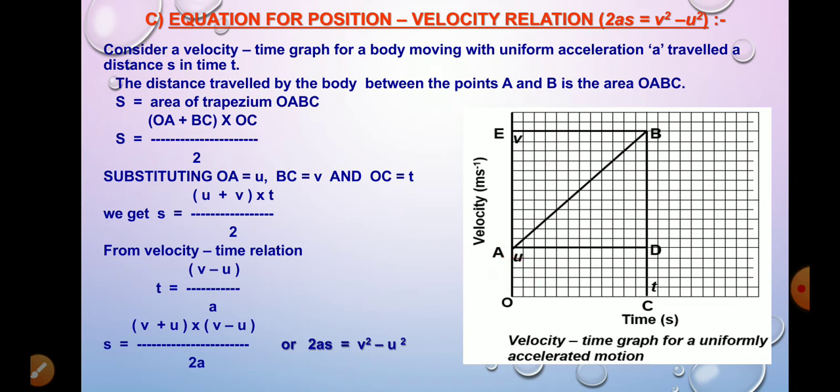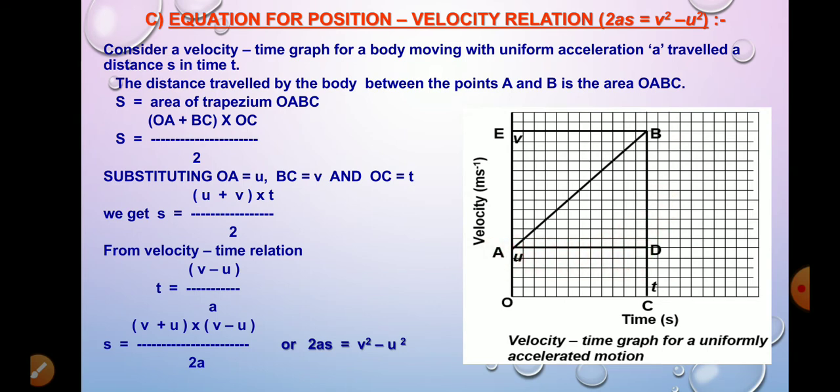Also you can derive S is equal to UT plus half AT square this way. Now here I am taking the area of a trapezium. There is another method also which you can do, but this is the easiest way, where you derive this by taking directly the area of a trapezium. So S is equal to half into the sum of the parallel sides into the height of the trapezium.